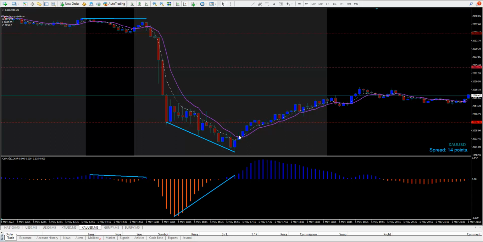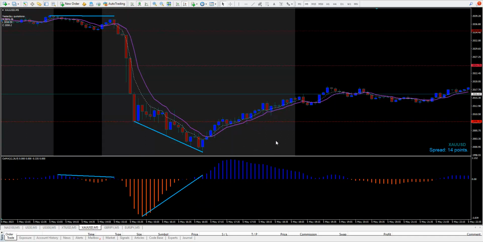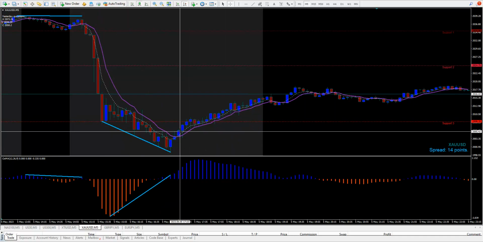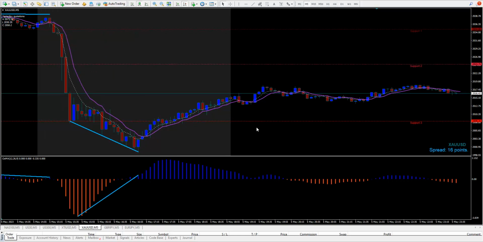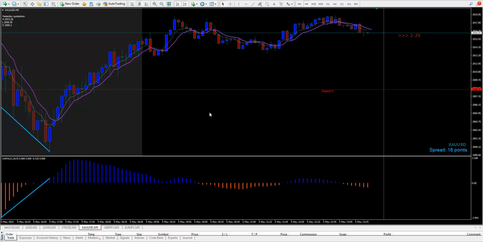The entry was right here after the moving average crossed up over this moving average. If you would have gotten this one, stop would have been down here, and it definitely gave you a 2-to-1 win-loss ratio on that trade. Okay. This is gold that we just went over, XAU USD. Okay, that's it for gold.